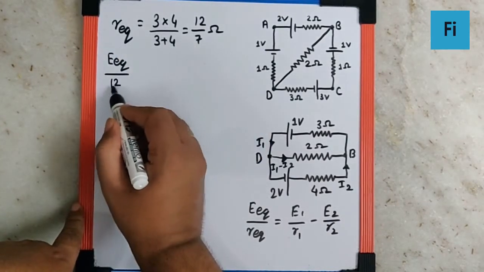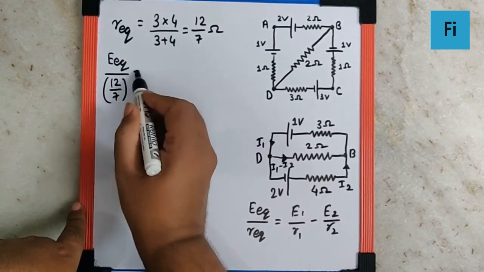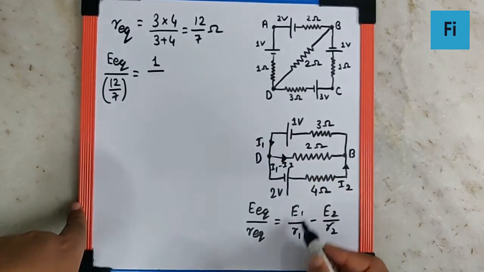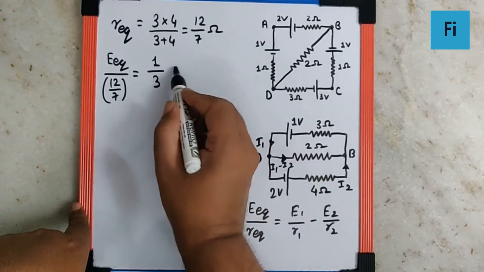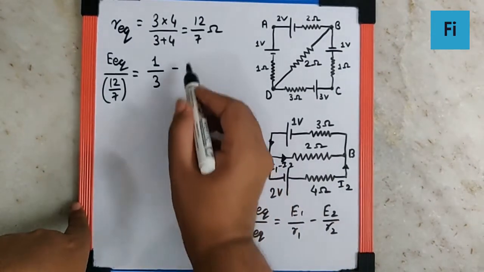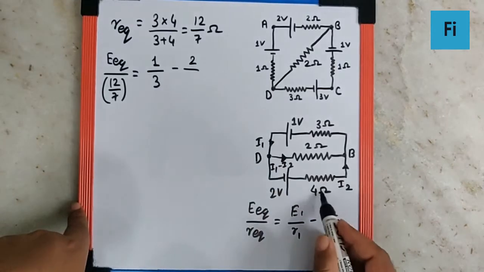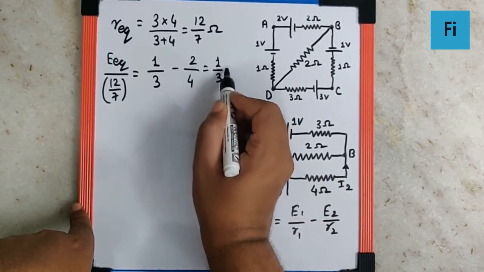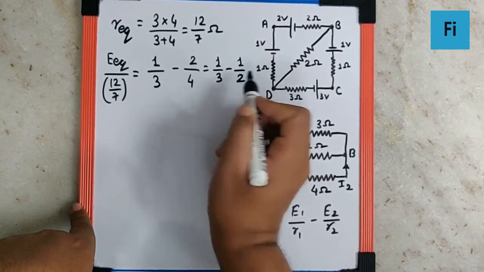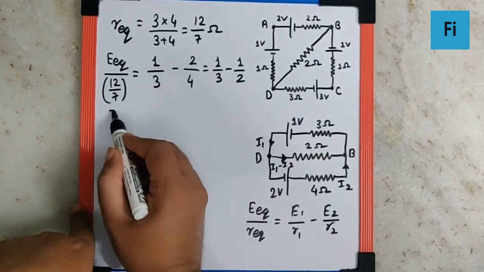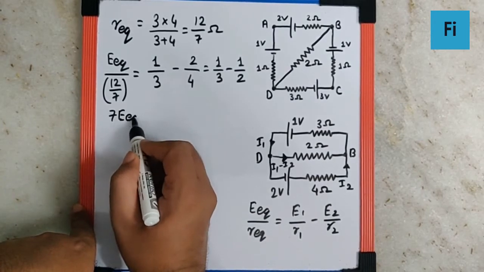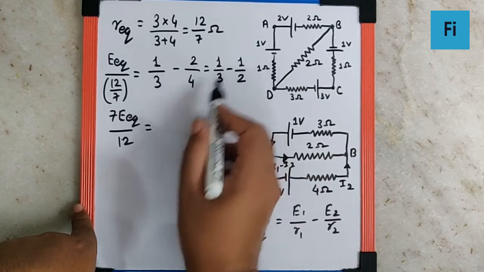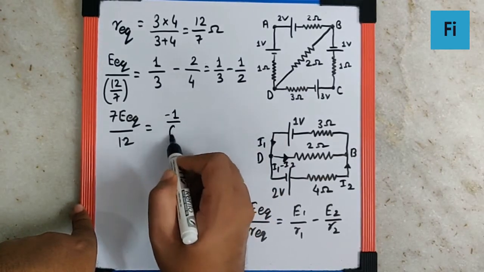as 12 by 7 is equal to E1 as 1 volt, R1 as 3 ohm, minus E2 as 2 volt upon R2 as 4 ohm, which is nothing but 1 by 3 minus 1 by 2. And if we rearrange this, we get 7 E equivalent by 12 is equal to 2 minus 3 as minus 1 by 6.